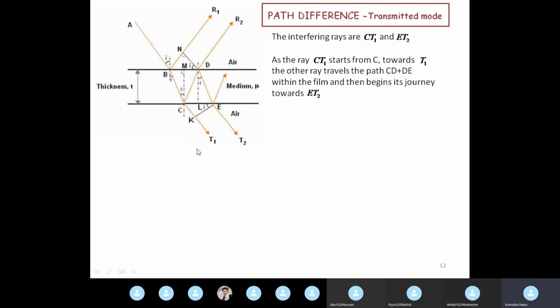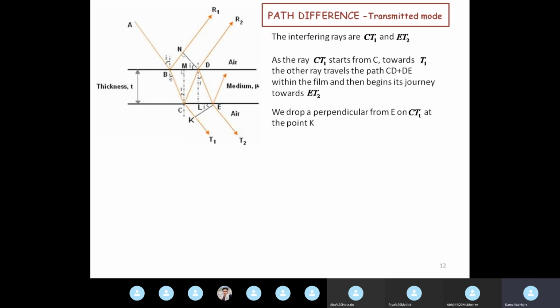So while this ray reaches from C to K, the other ray travels CD, D and reaches E. So once again, by the time the interfering rays start from K and E simultaneously, before that a path difference is incorporated between them, because while the first transmitted ray traverses a distance CK, the other transmitted ray has to travel through a distance CD plus DE within the medium before it starts its journey as the second interfering ray in the direction of ET2.